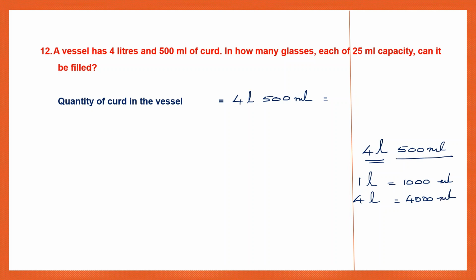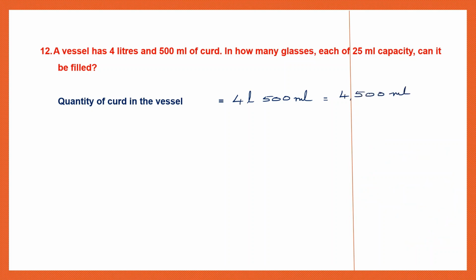No conversion because it is already in milliliters. So we have to simply add it up. Now add all this and see what you get. 0, 0, 5, 4. We get 4500 milliliters. So quantity of curd in the vessel is 4,500 milliliters.